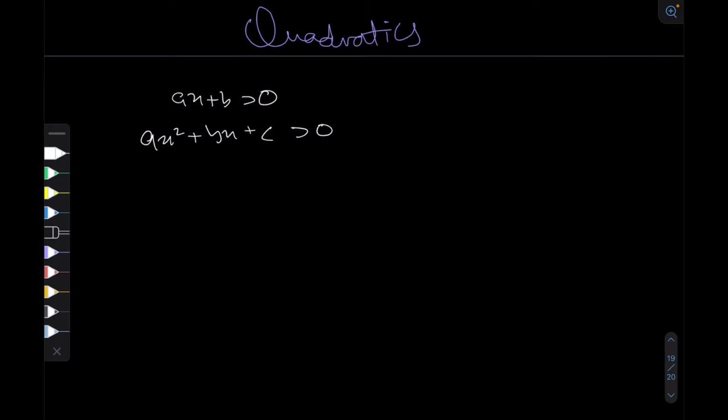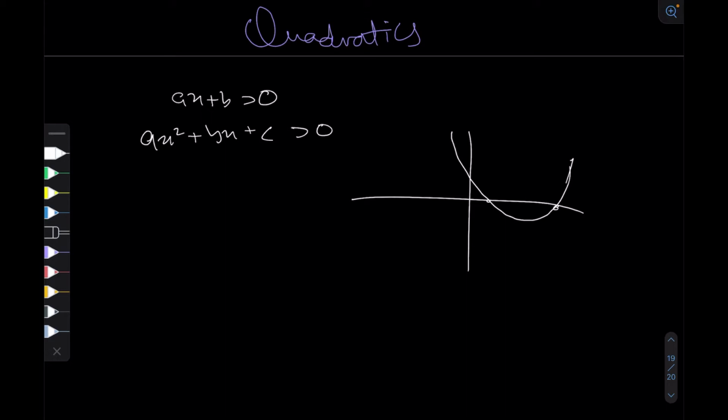Let's just take one example. Let's say there's this quadratic, and I want to find the range of values of x for which this quadratic is negative.